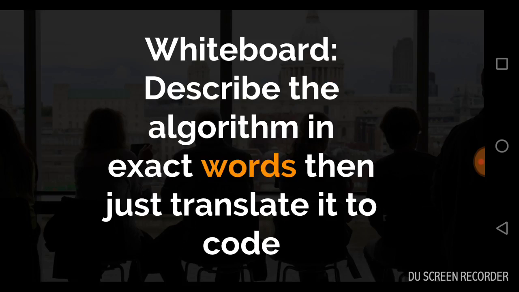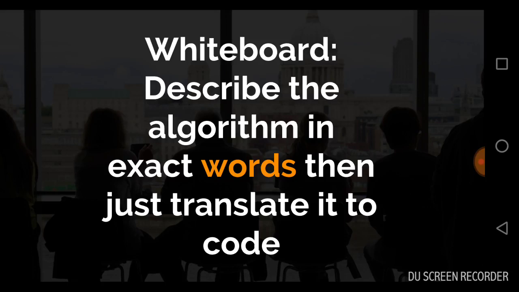Okay, when you need to write code on a whiteboard, then in order to make it easier for you, first describe the algorithm in exact words to yourself, and then translate it to code.